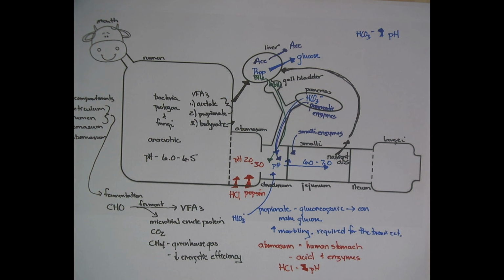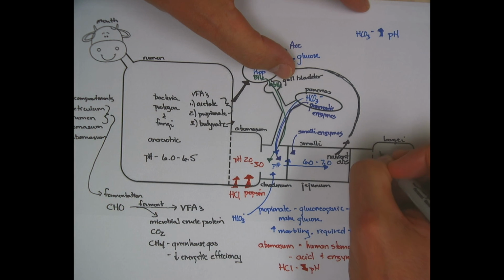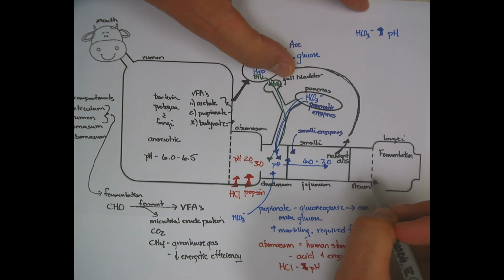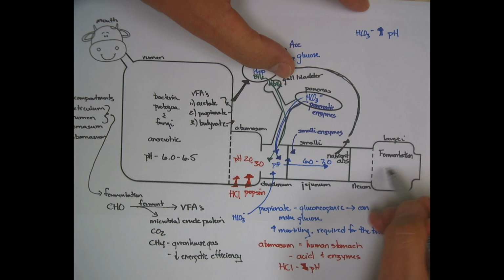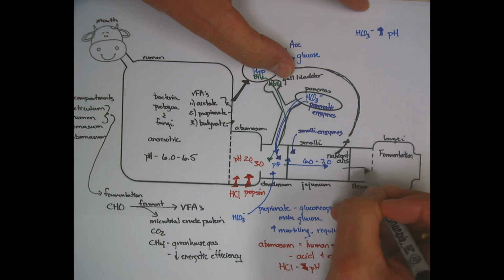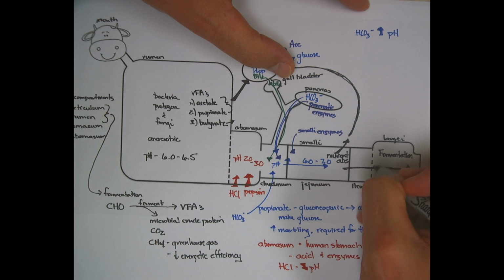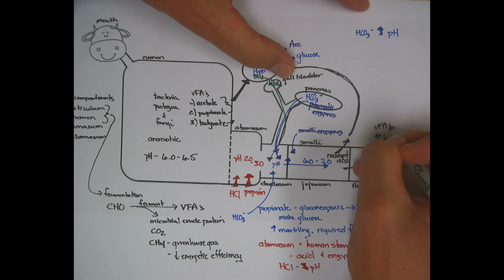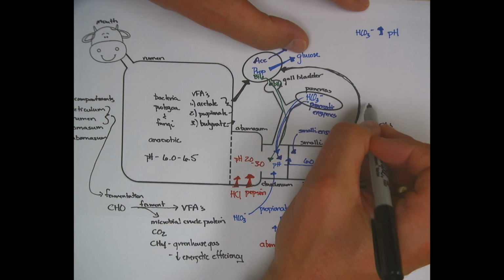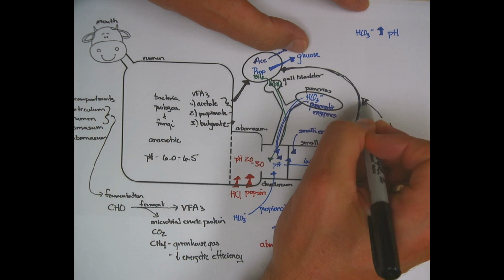And the large intestine is also a site of fermentation. So any undigested feed residues are going to be fermented in the rumen if they're capable, or in the large intestine if they're capable of being fermented. And what that'll end up producing, as we should know already, is VFAs, and those VFAs will be absorbed and go to the liver.